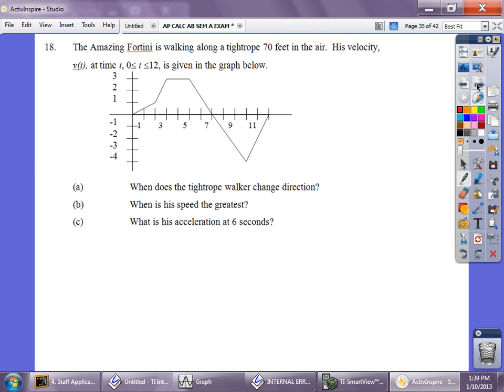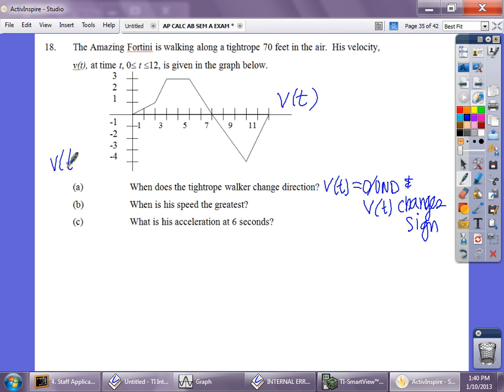Number 18. So in this case, we have velocity here. Let's see what it asks us. When are we changing direction? So that would be changing direction happens whenever velocity is equal to 0 or maybe undefined, and v of t changes sign. So I'm going to create a sign chart.